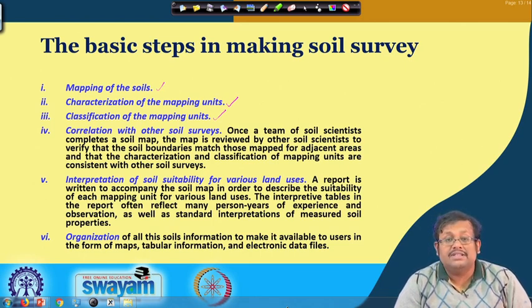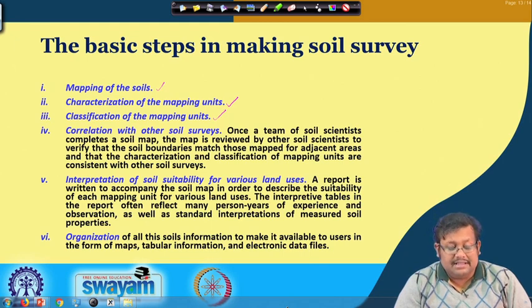This interpretation is very important because it requires a long time, dedication, and expertise to interpret this type of soil and soil mapping units, and then identify the best suitable practice for those soil mapping units. And then, obviously, the organization of all this soil information to make it available to users in the form of maps, tabular information and electronic data files.